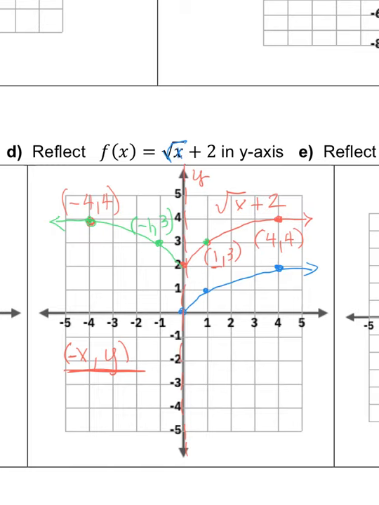So if I wanted to modify this function to show that reflection, I would rewrite that new function as f of x is equal to, and then we would change the sign on the x variable, put a negative in front, plus 2. So that's what the function would look like here in green. So we could actually write the equation for that new reflected function.